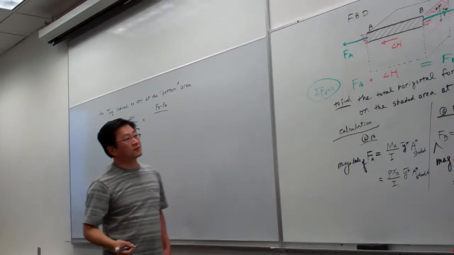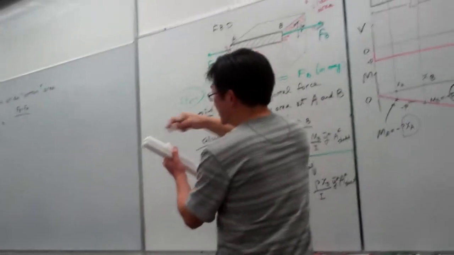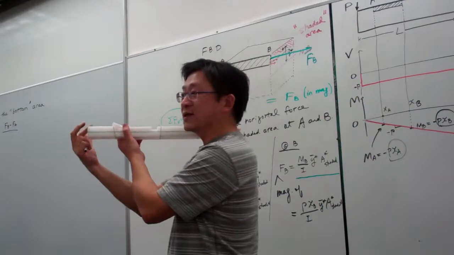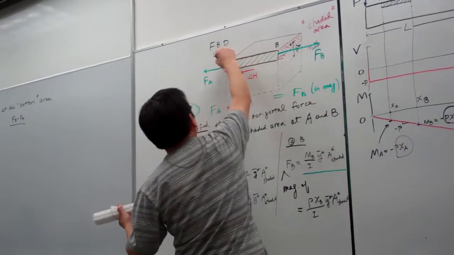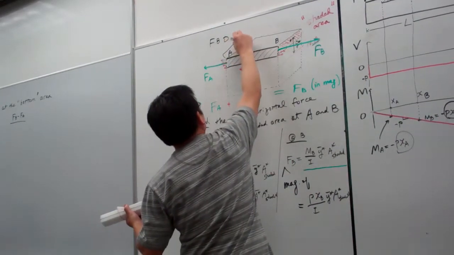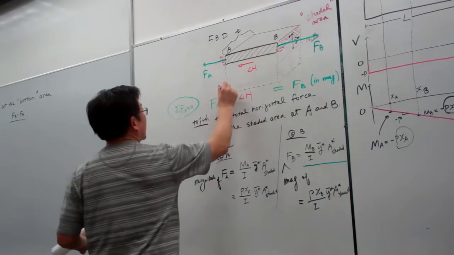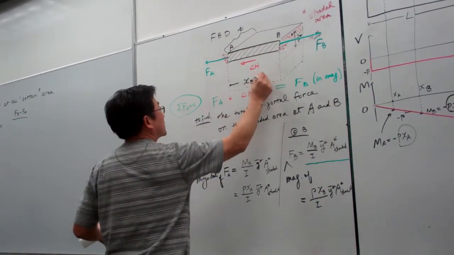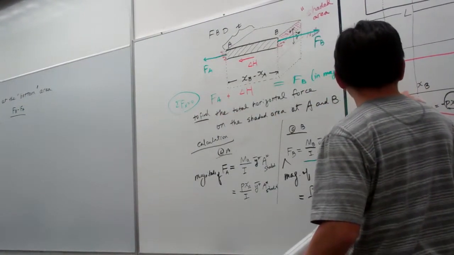For the area, let me say my beam here has the thickness T. So this side is T. Let me label this side. And this side is xb minus xa, picked up from the distance here.